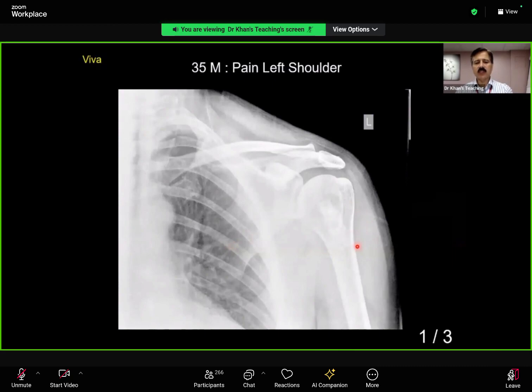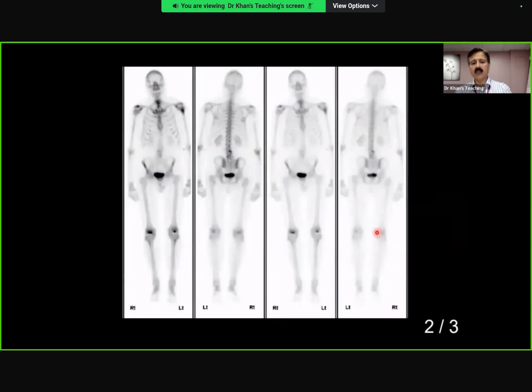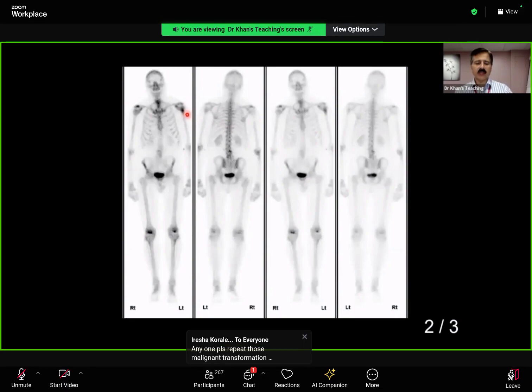Okay, this patient, over to candidate 2. I will. Yeah. So this case has got chondroid matrix. The patient has developed shoulder pain, and somebody did a nuclear scan, and it shows uptake here.